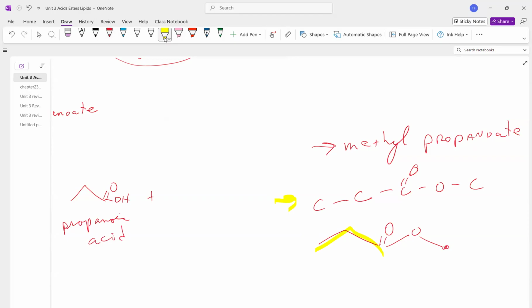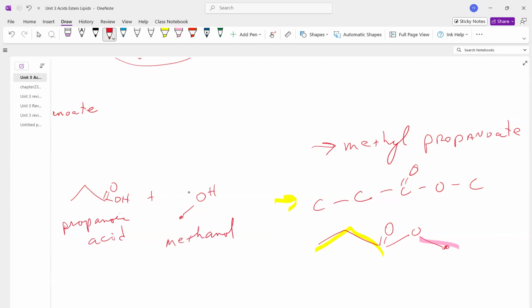Secondary backbone: one carbon alcohol, methanol. So propanoic acid plus methanol gives us methyl propanoate.